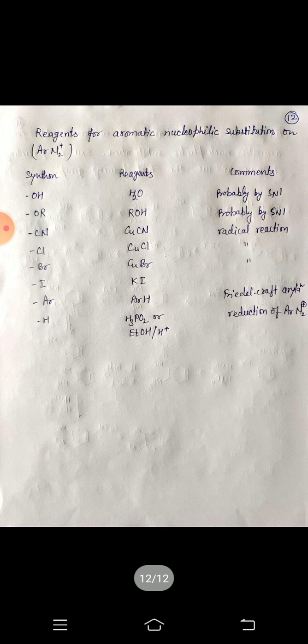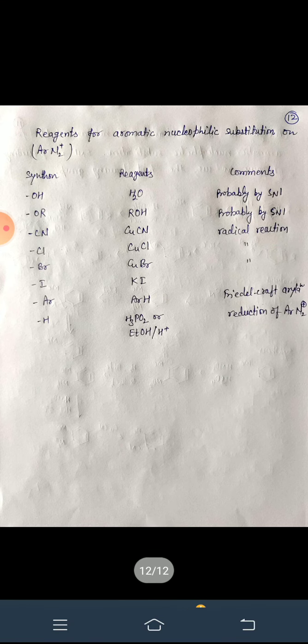And this is again the table for the aromatic nucleophilic substitution on the diazonium salt. If you want to make the synthesis of OH group, then we use the H2O. And the mechanism is probably SN1.